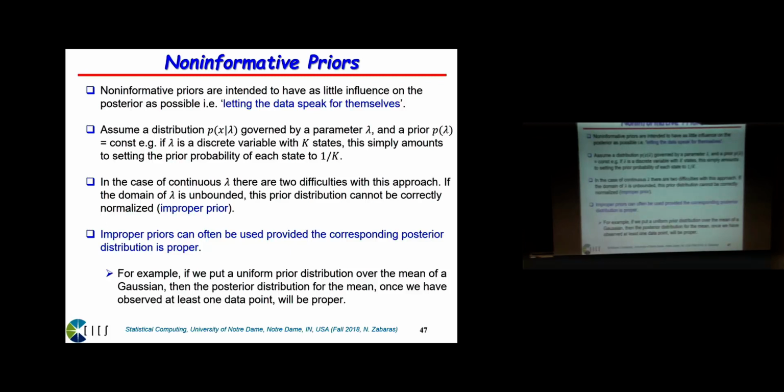Which means you will need a minimum number of data to be sure that the posterior is actually normalizable. We will see, for example, if lambda is the mean of the distribution, you only need one data point to fix the mean. If lambda is a variance, you will need 2 points, a minimum of 2 data points for the posterior to be proper.